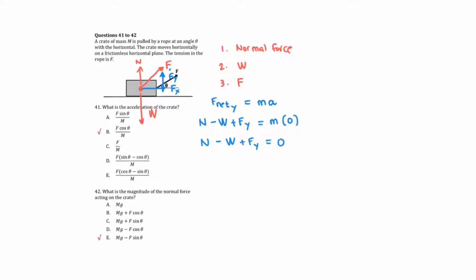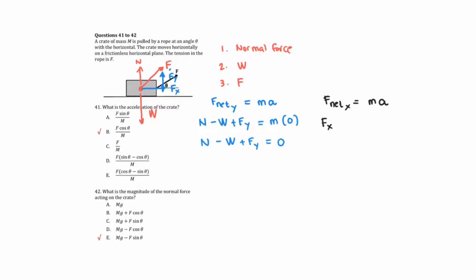Now let us write the F net along the x-axis. F net along the x-axis is equal to the mass multiplied by the acceleration along the x-axis. The only force along the x-axis is Fx, and that's it.